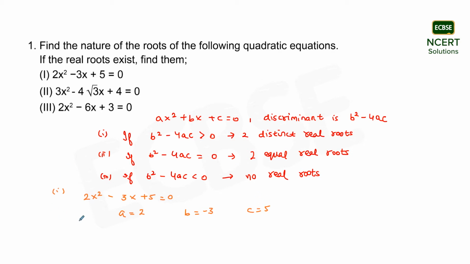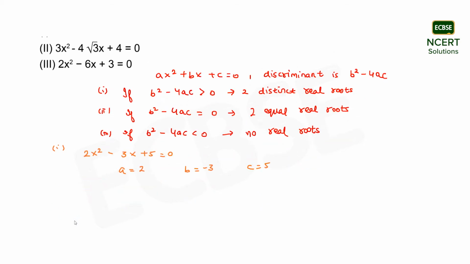So if we find the value of the discriminant for this quadratic equation, that is b square minus 4ac, substituting the values of b, a and c in that formula, I get minus 3 square minus 4 into 2 into 5, which comes out to be equal to minus 31.